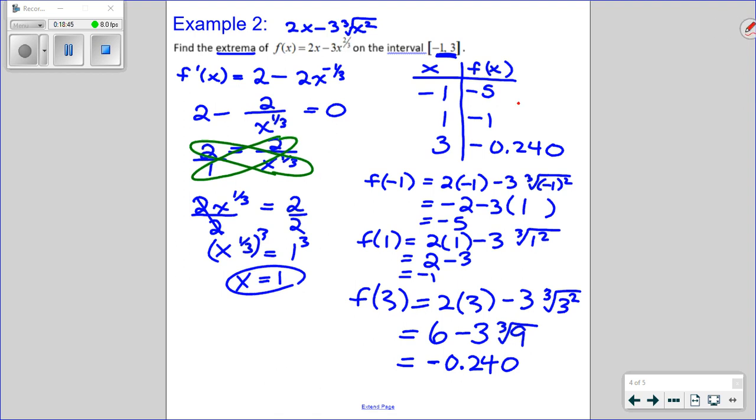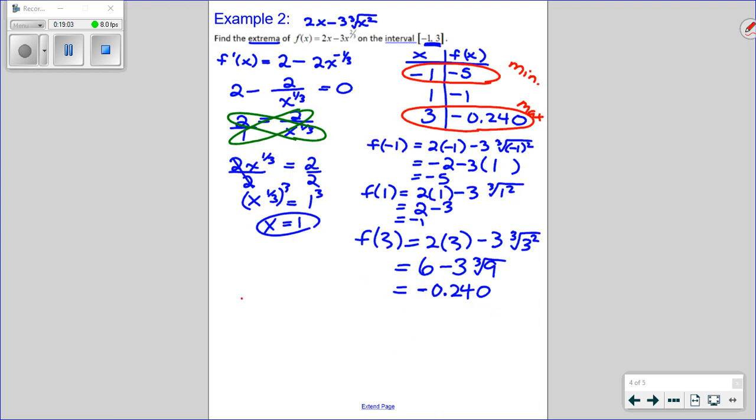So as far as our absolute extrema, -5 is the least y value, so this would be our absolute minimum. And -0.240 is our greatest y value, so that would be the maximum. Okay, so now let's just answer our question.